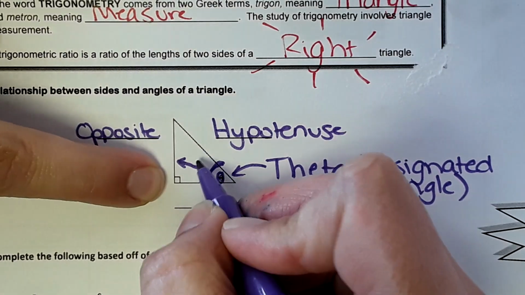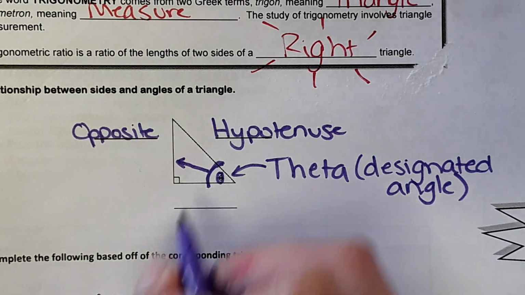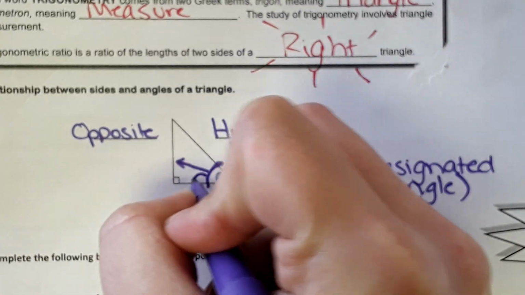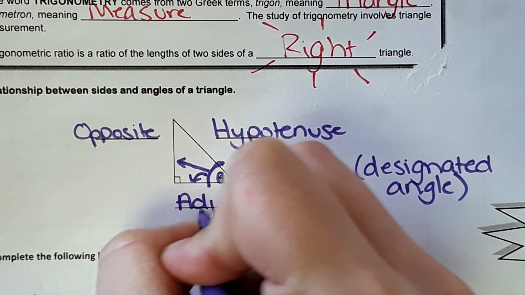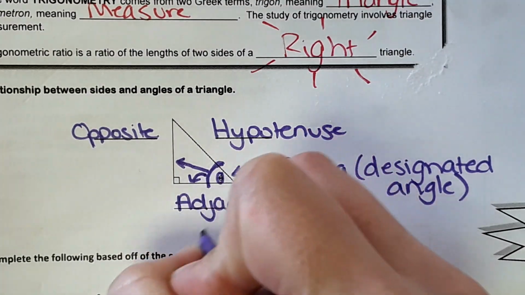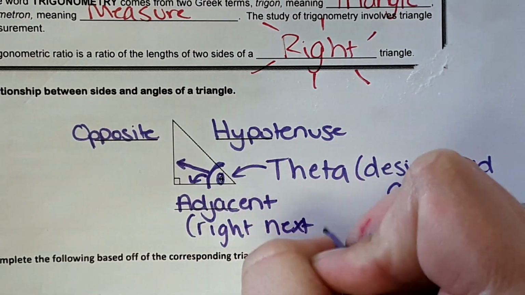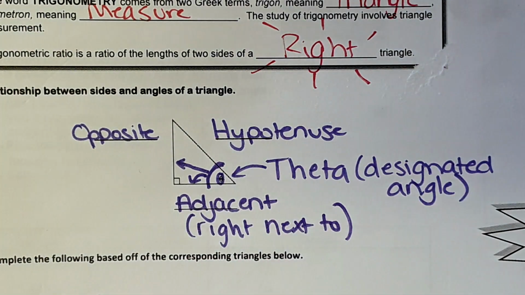It's also the side opposite the 90-degree angle. And then this side is called the adjacent side. It's the one right next to theta. If you're not familiar with the word adjacent, it means right next to.